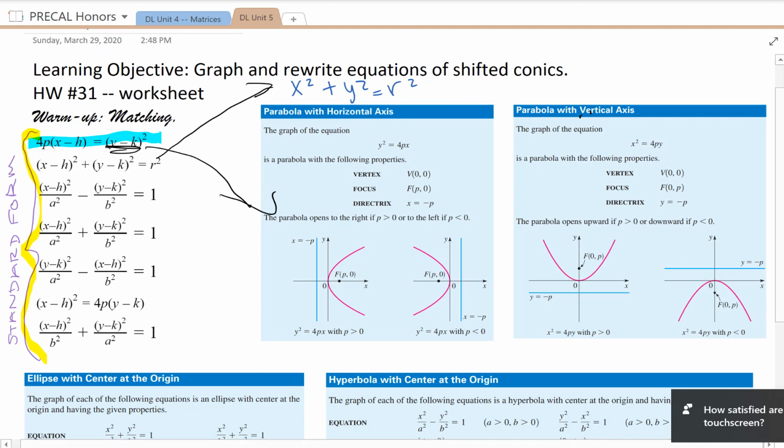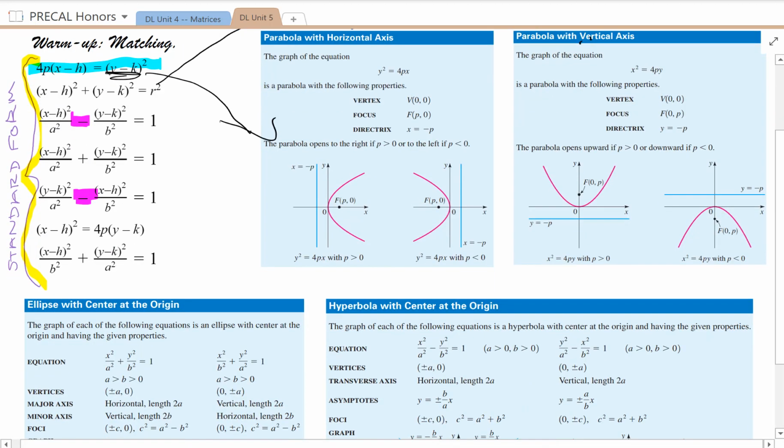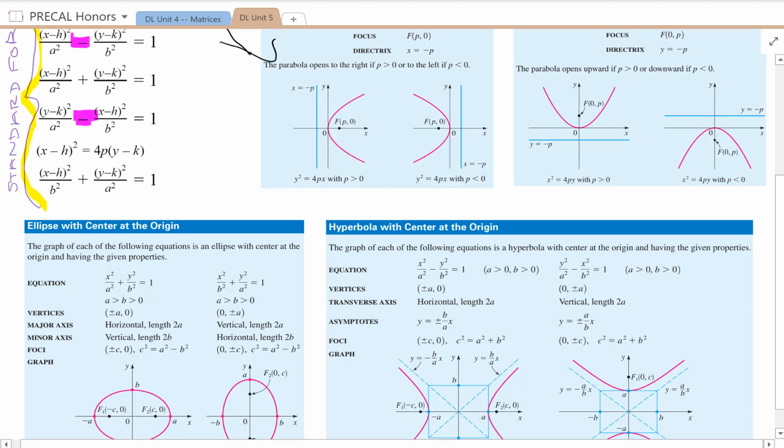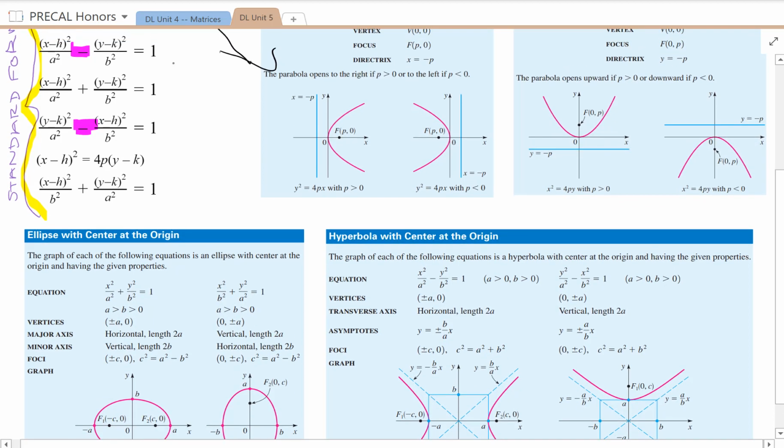When you have a minus in between, that is a hyperbola. Okay, so the hyperbola that has x first, that one opens up and down, so that one's going to go to this one.